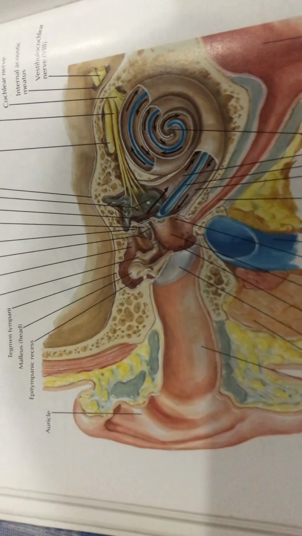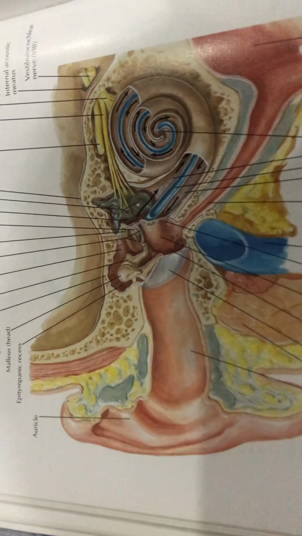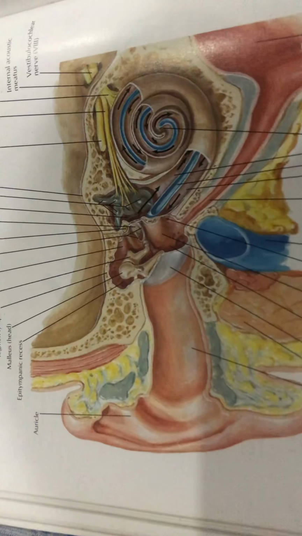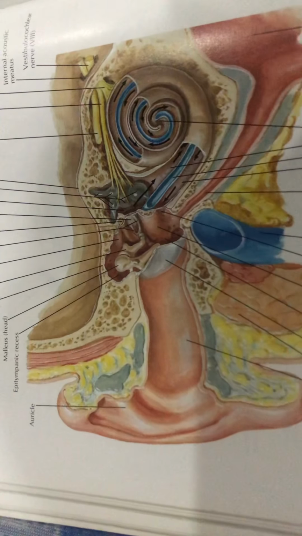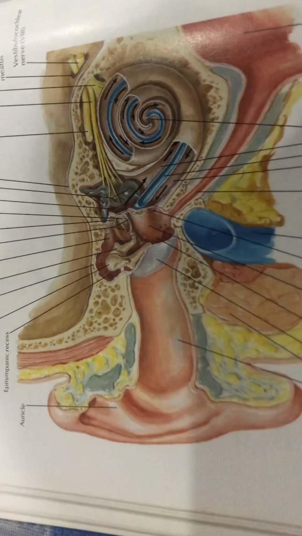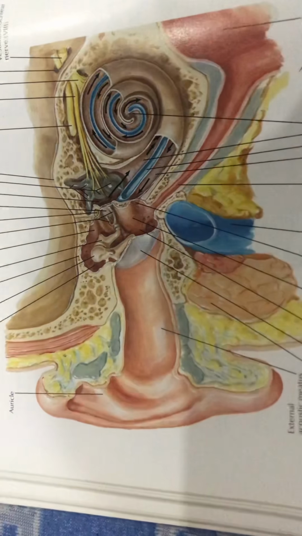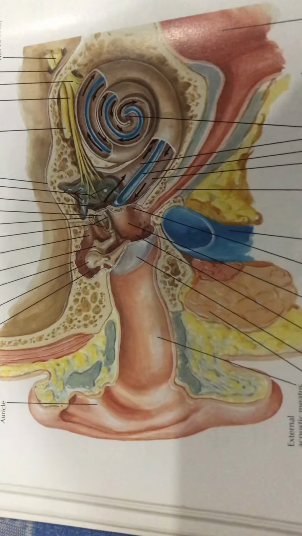And thus in conductive deafness we have an air-bone gap, since the air conduction graph is plotted above 25 decibels, at about 40 decibels, and the bone conduction graph gets plotted below 25 decibels. So we have an air-bone gap of more than 20 decibels in case of conductive hearing loss.